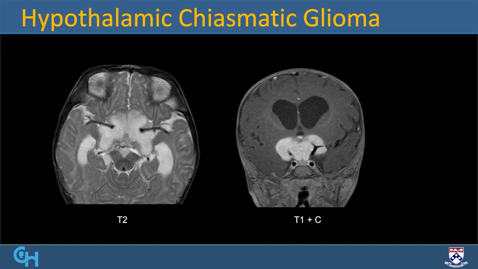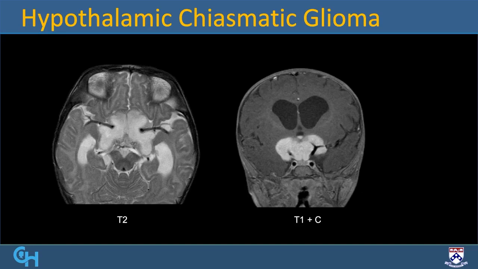Hypothalamic chiasmatic glioma is an astrocytoma, or a glioma, which we already alluded to earlier when we discussed pilocytic astrocytomas. They can be solid and cystic.